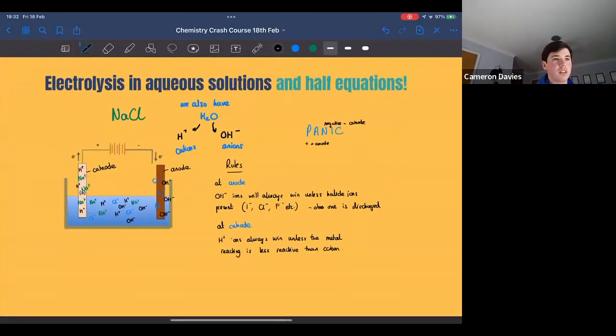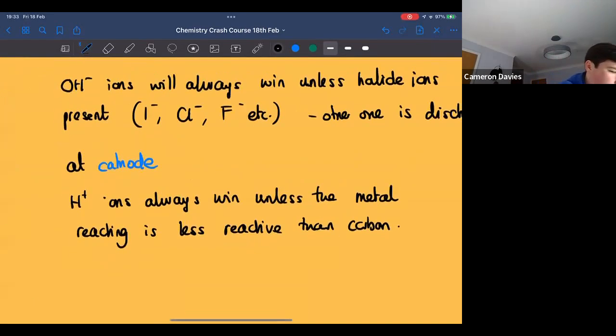If it's less reactive than hydrogen, that means we're going to produce something other than hydrogen. Sorry, I don't know why I put carbon, it's hydrogen. I had carbon in my head from something else.